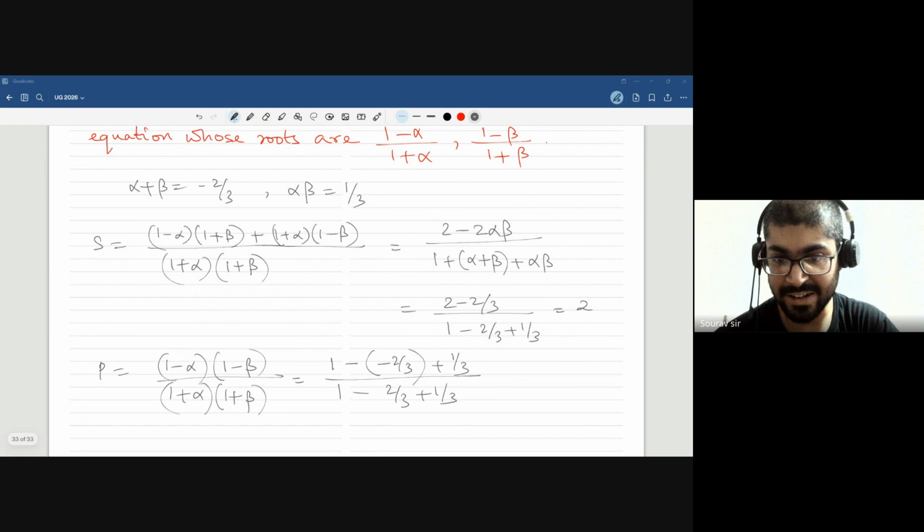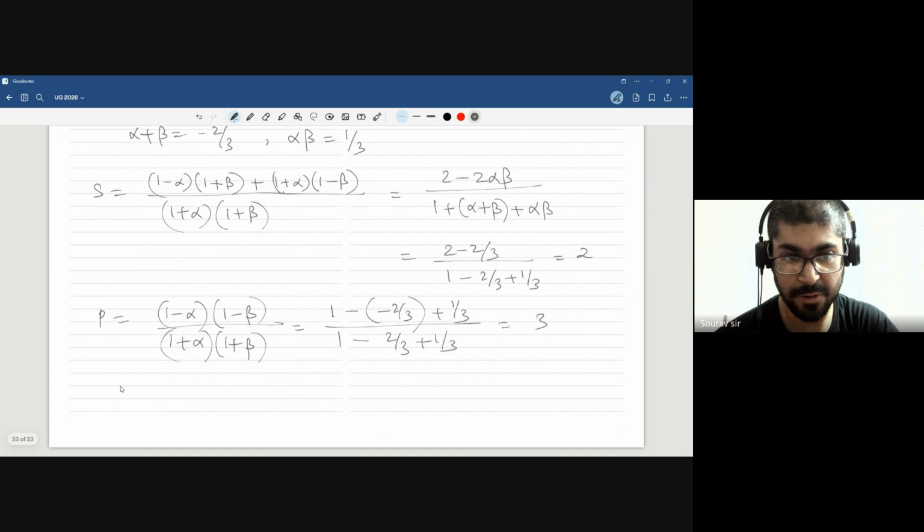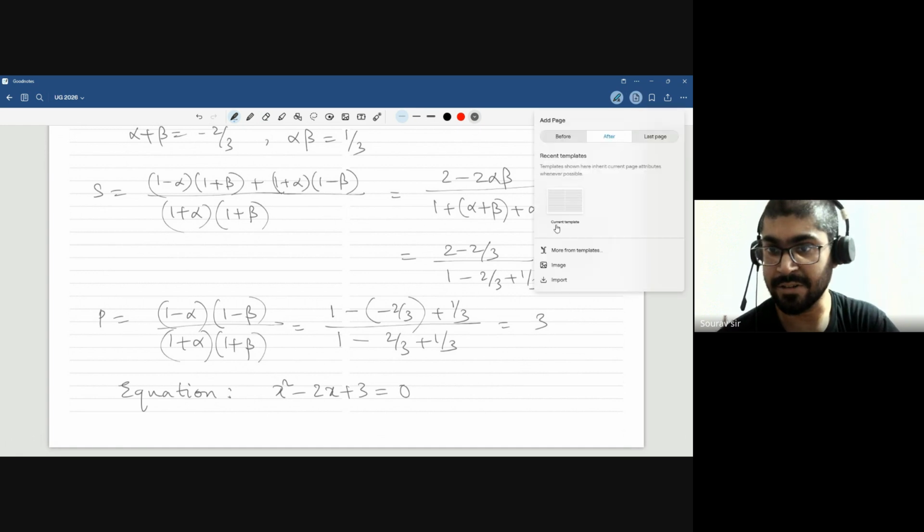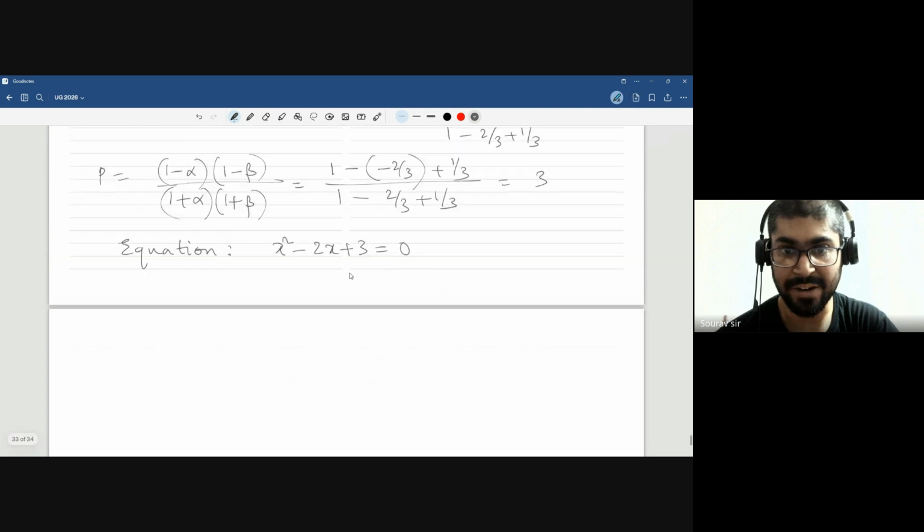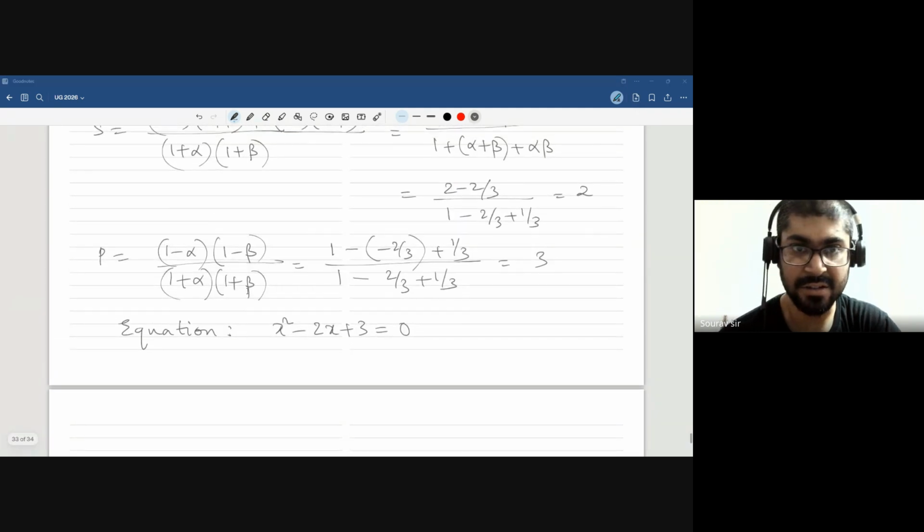So that would mean it is 3. So now you get S and P. So equation will be x square minus 2x plus 3 equal to 0. Very innocent question, but very effective as well. See if you have any doubts, and then we will move on to common roots.